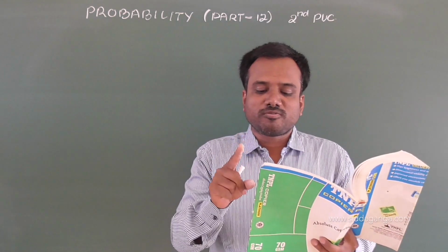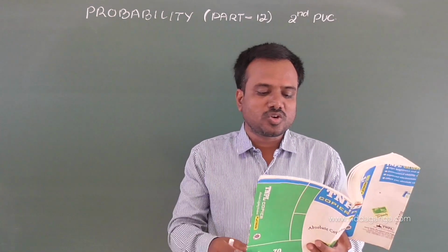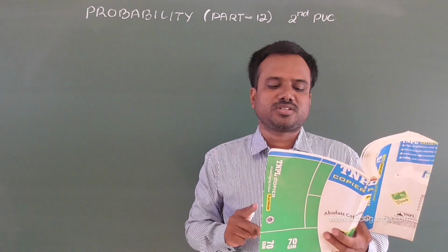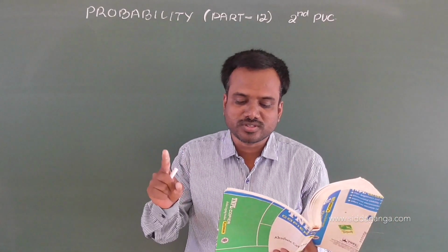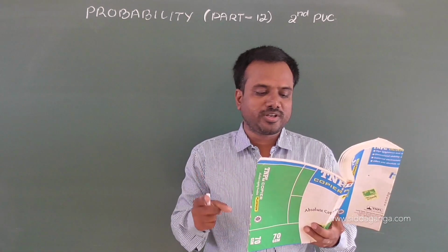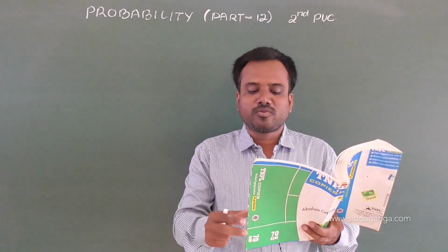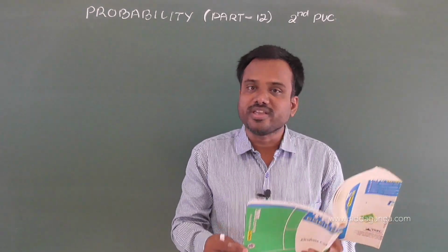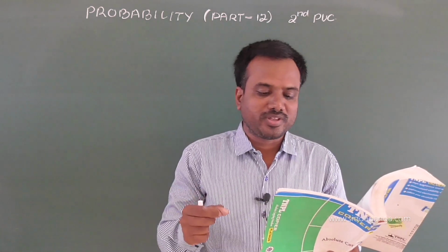A is on the job for 50% of the time, B is on the job for 30% of the time, and C is on the job for 20% of the time. A defective item is produced. What is the probability that it was produced by A?